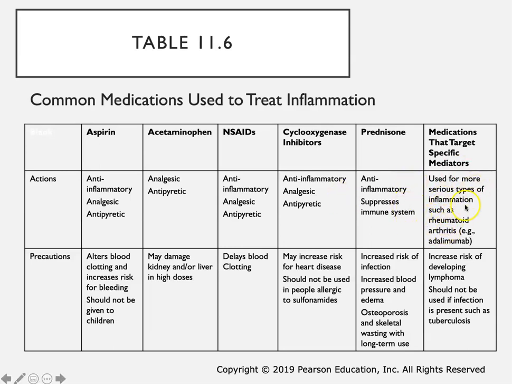But if you think about specific treatments for rheumatoid arthritis, okay? There are treatments like that out there, okay? These other ones are drugs that are used to treat general inflammatory processes, okay? And then this is just giving you some precautions with some of these here, okay?